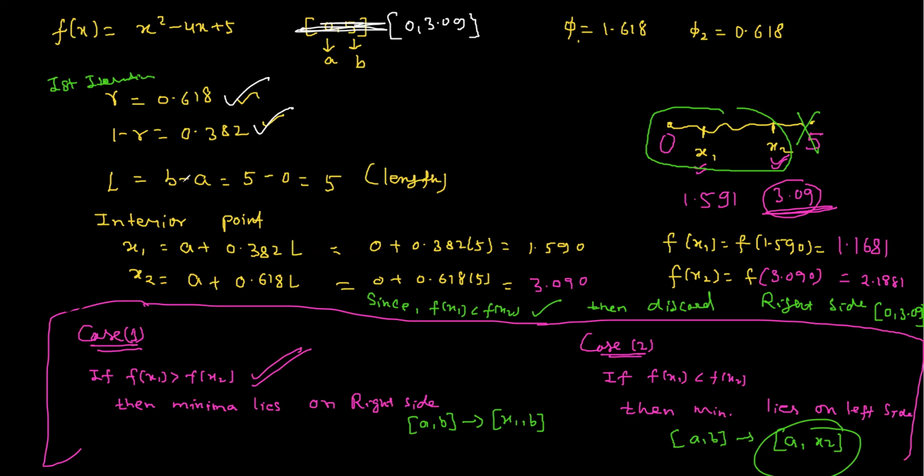L becomes what? x2 minus a, right? 3.09 minus 0, which is equal to 3.09. Understood? So here you will put 3.09 and here also 3.09. Understood?